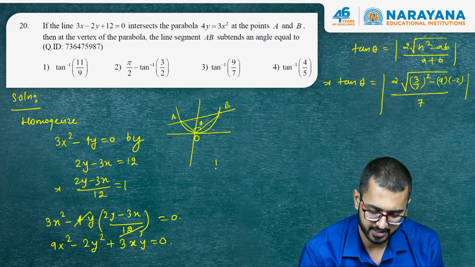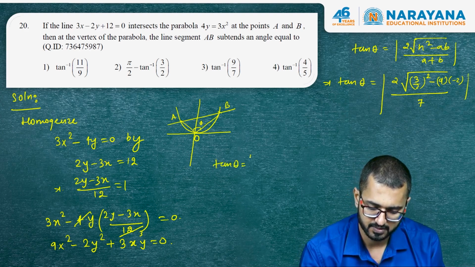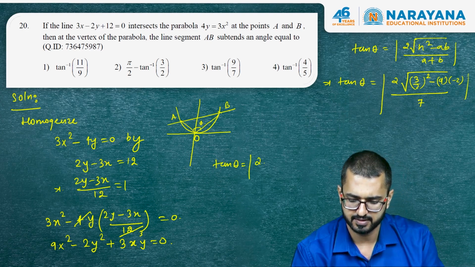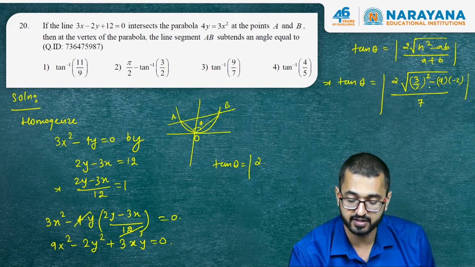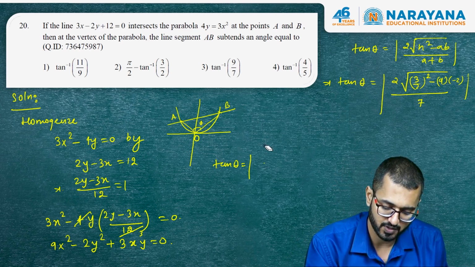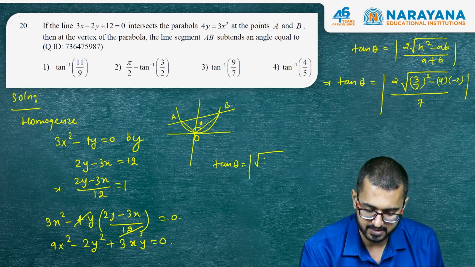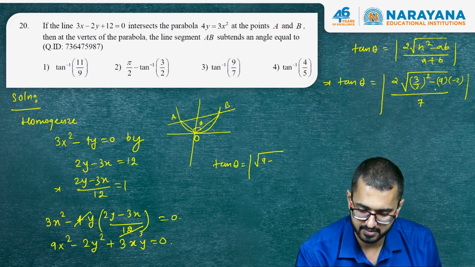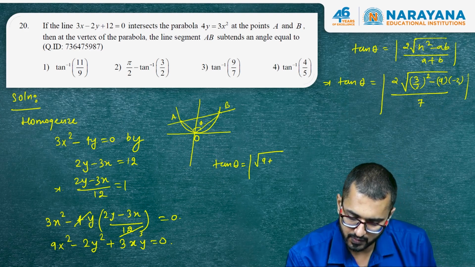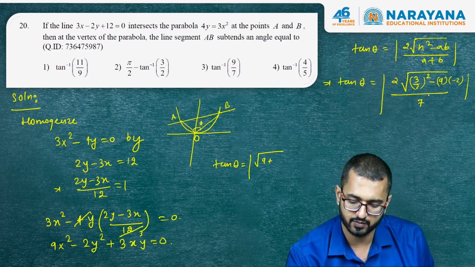So from here I'll be getting tan theta is equal to 2 times, this 2 will actually get cancelled because in the second multiplication we have 2² in the denominator. So this 2 is gone. So we can simply write the square root of 9 plus, this becomes 9 into 4, 9 into 2, 18 into 4, 72.